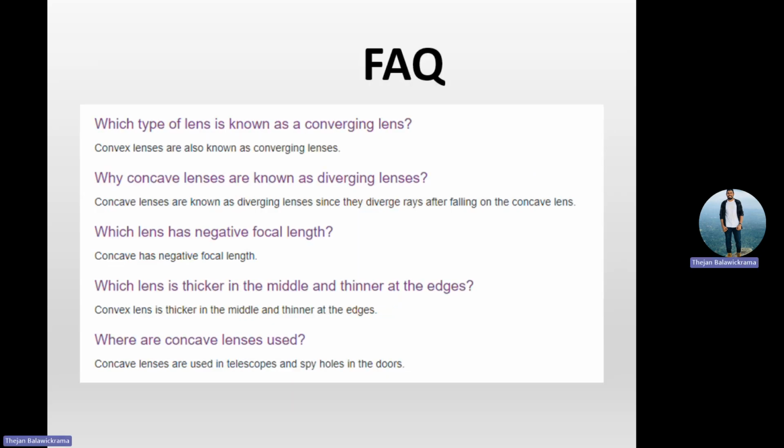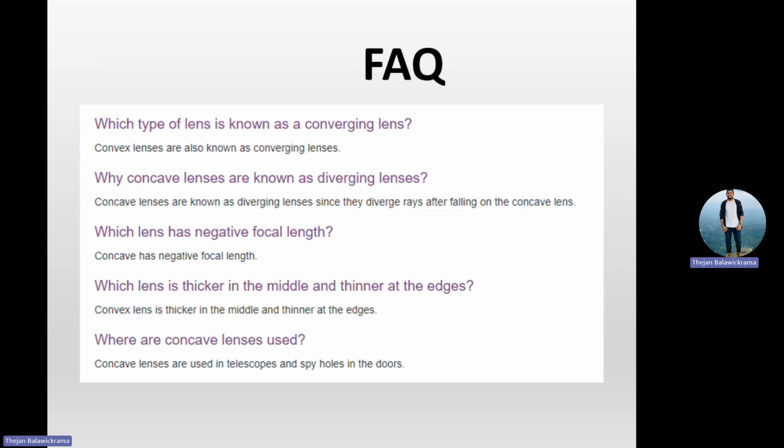These are the types of FAQs that I have found. Which type of lens is known as converging? It is known as convex. And why are concave lenses known as diverging lenses? Concave lenses are known as diverging because they diverge rays after falling onto the concave lens.